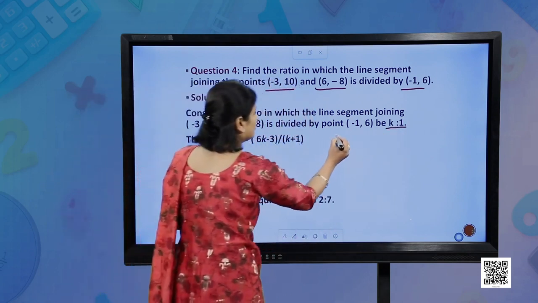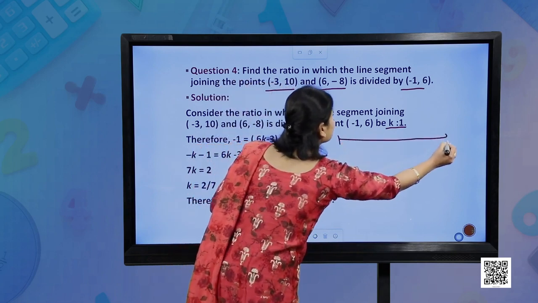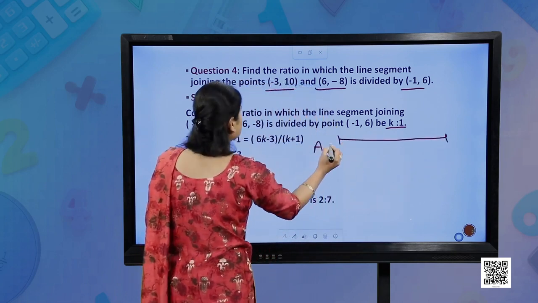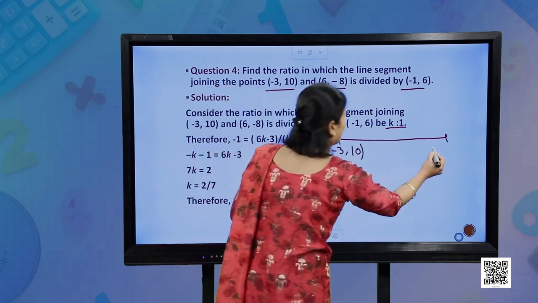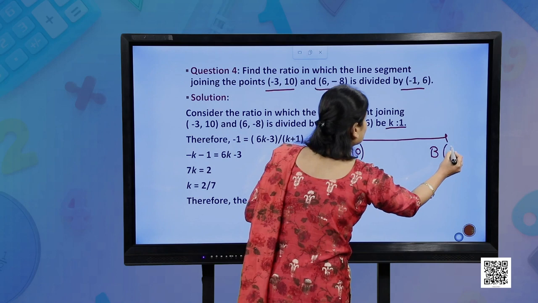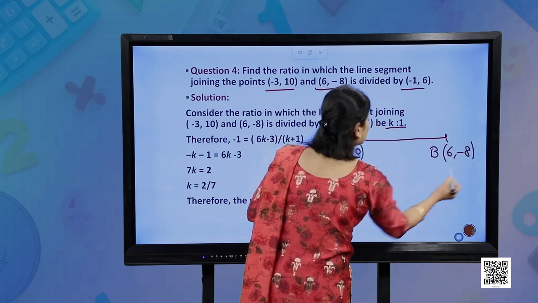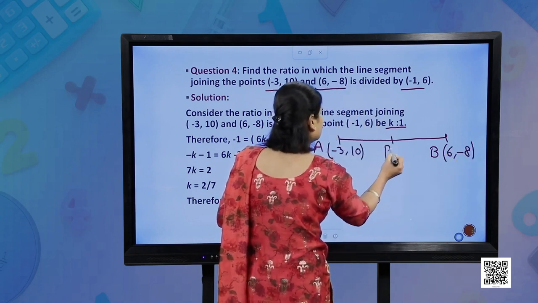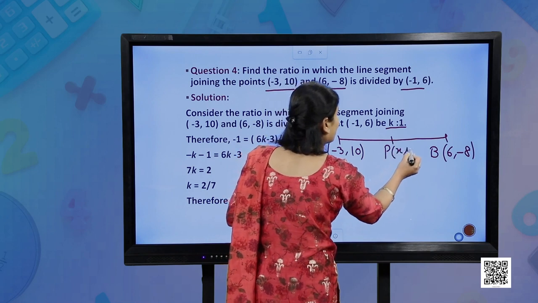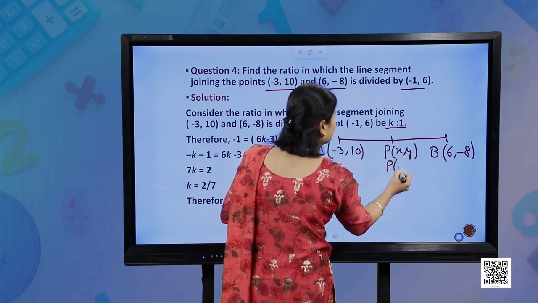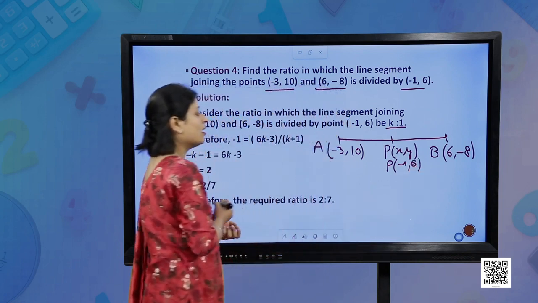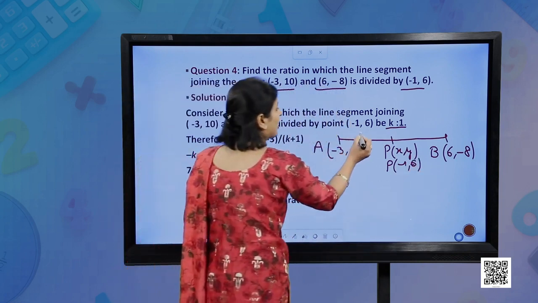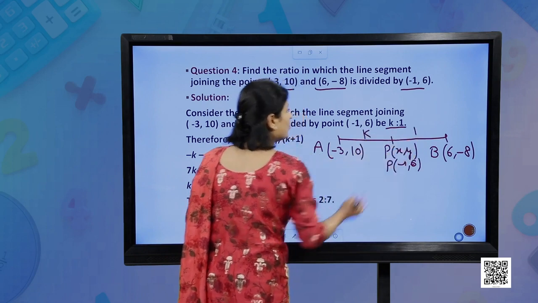So, we have 2 points given as A minus 3, 10 and B as 6, minus 8, and the point x, y is given as minus 1, 6. And we need to find out the ratio which I have considered as k:1.